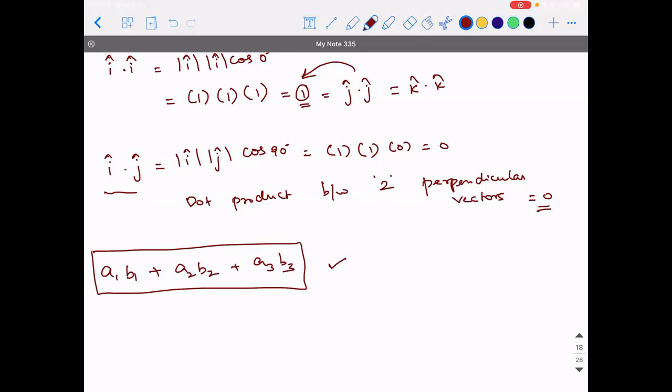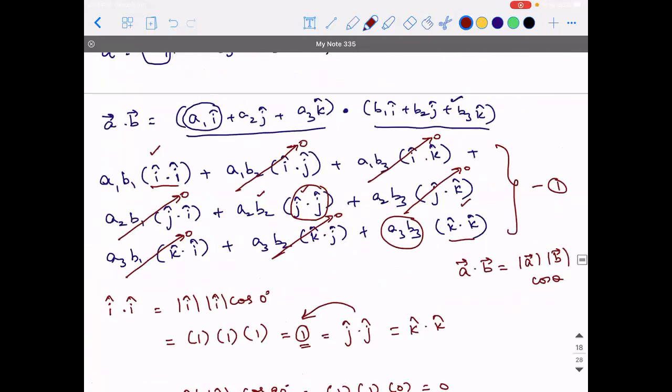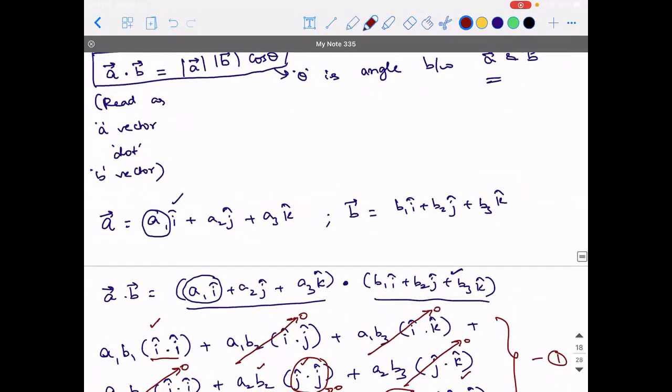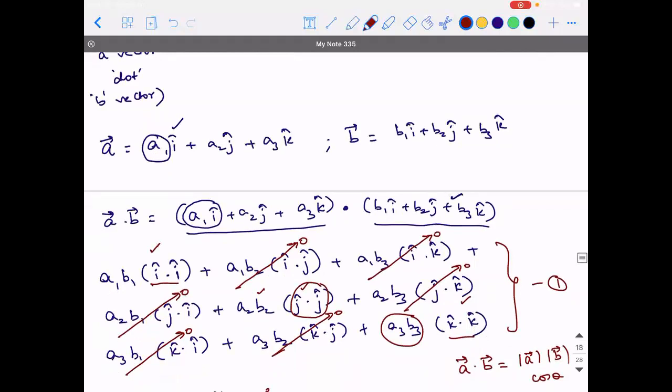Sir, could you go to the previous page? This one? Yes, sir. Okay. Should I go down? 1 minute, sir.